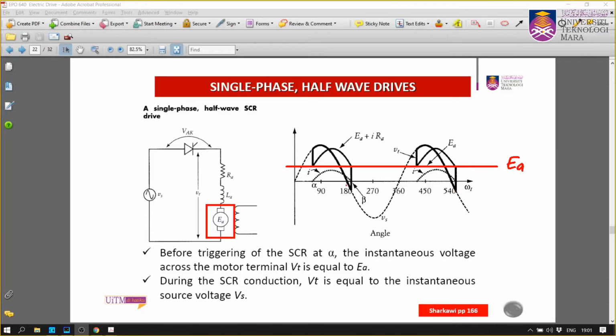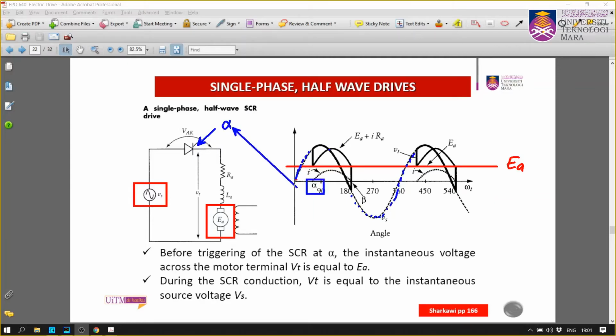And this dotted line is the supply voltage, the sinusoidal supply voltage. Then you start to trigger the thyristor here at alpha, isn't it? So we have alpha there.